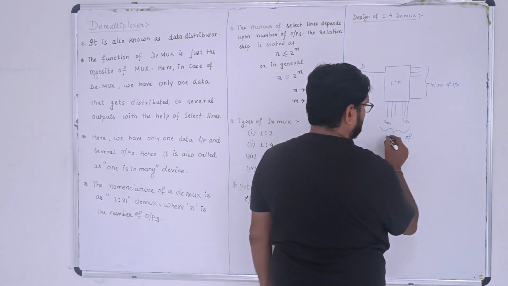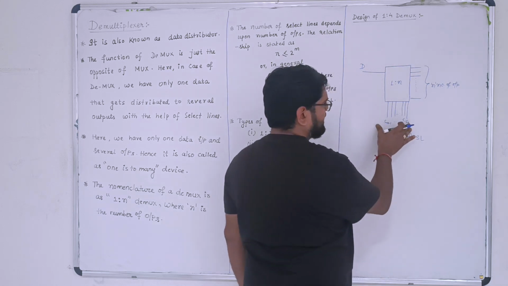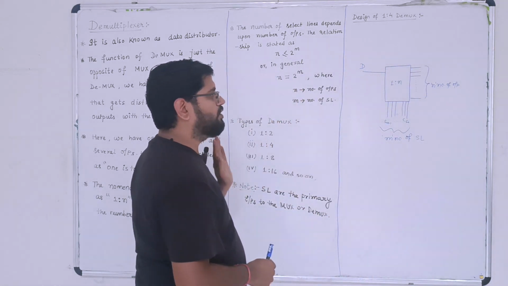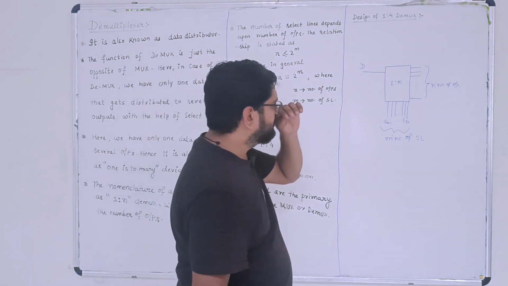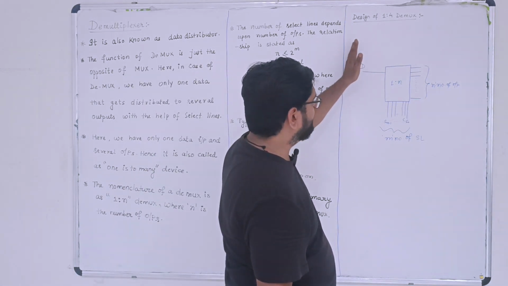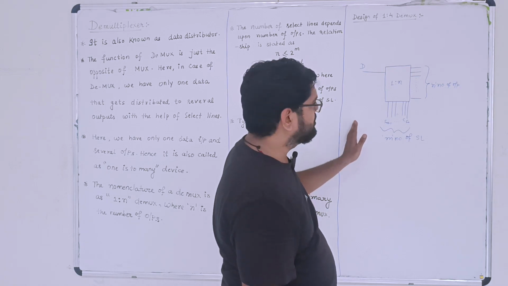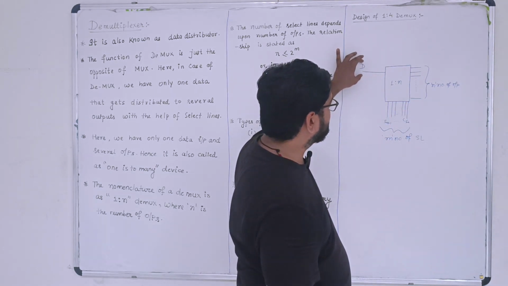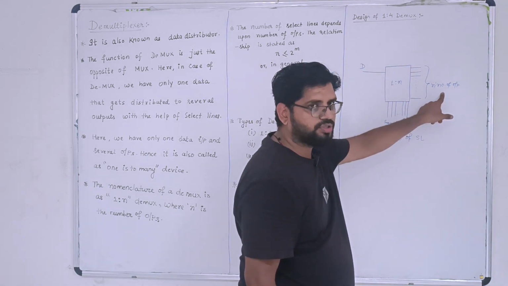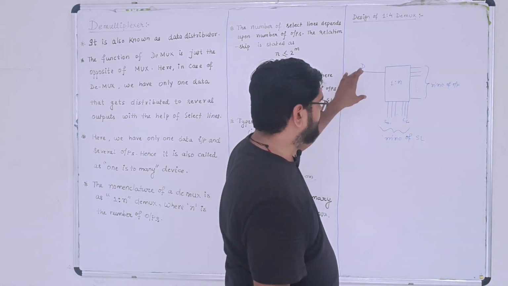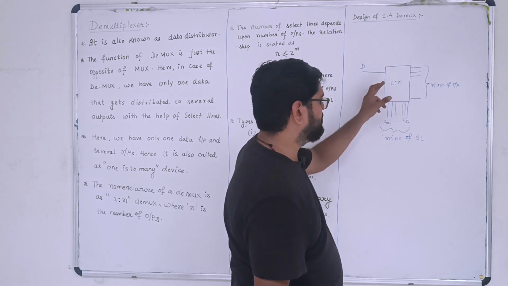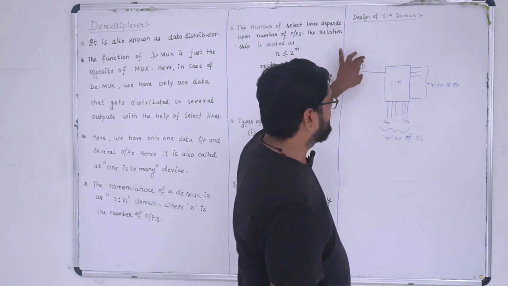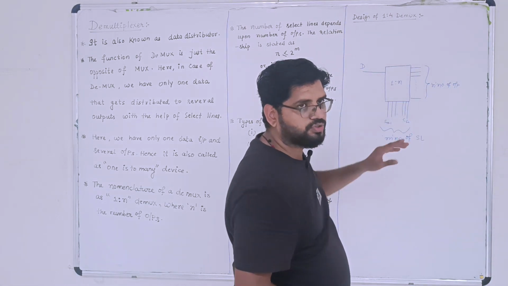Now, if you can recall, it is just the opposite of the multiplexer. In the multiplexer, we had a number of data inputs and only one output, and select lines selected one of the data lines as the output. In the demultiplexer, we have only one data input, and with the help of select lines, we find out to which output this data will go. So this is the difference.